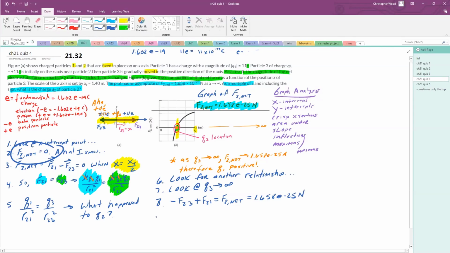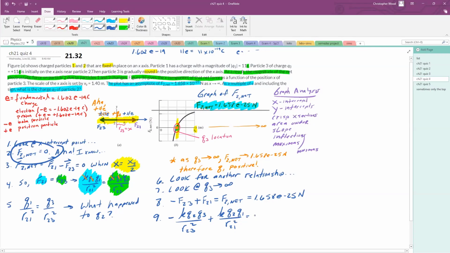All right, so let's keep going with this. Number 9. Here's F23, negative K Q2 Q3 over R23 squared, plus F21, the Coulomb force, the electrostatic force acting on particle 2 due to particle 1 over their distance squared.